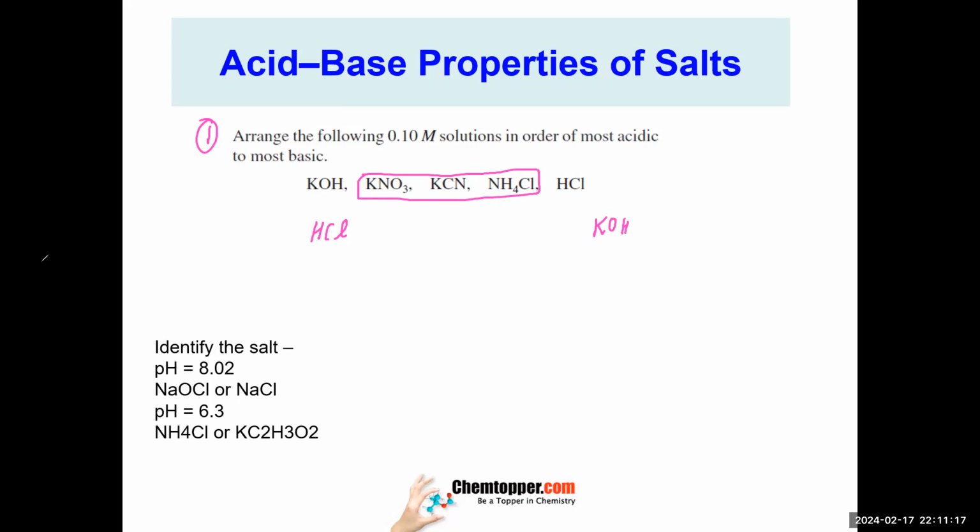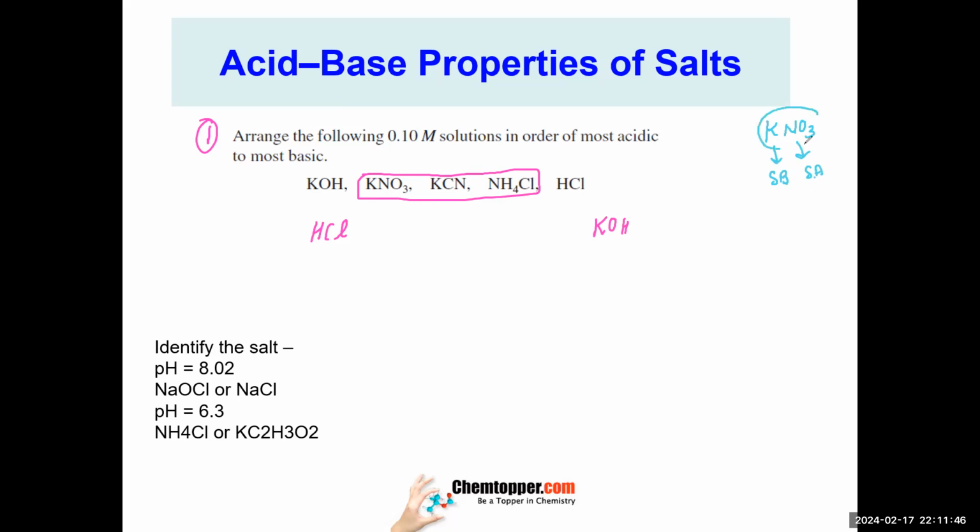Ready? Check this one. KNO3. I think we just did it. So identify. K has come from strong base, KOH. NO3 has come from strong acid, HNO3. Strong base, strong acid, their conjugates are weak.